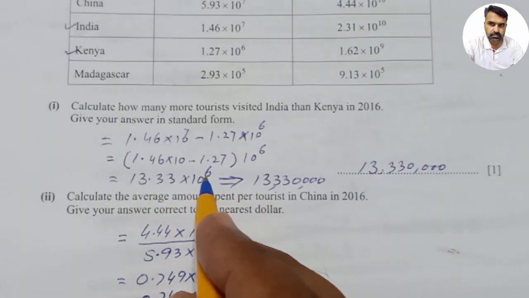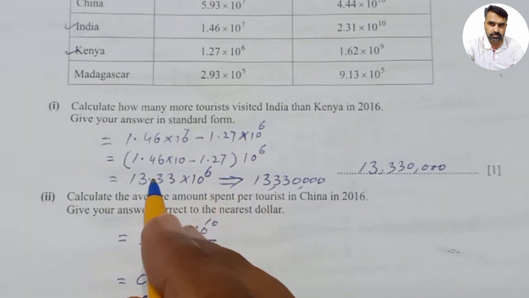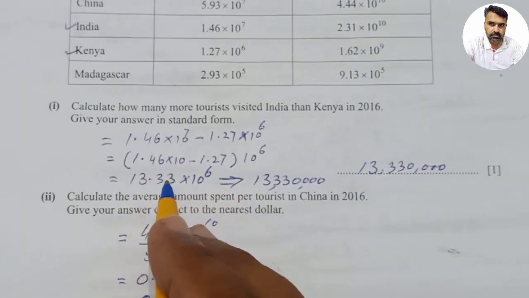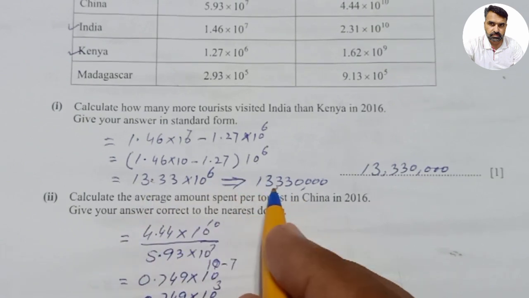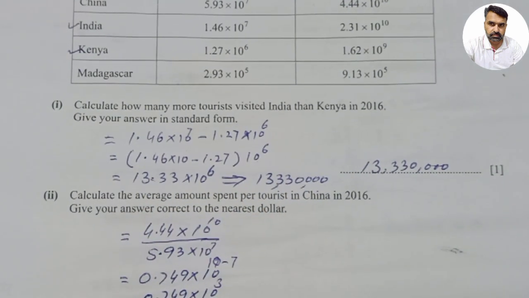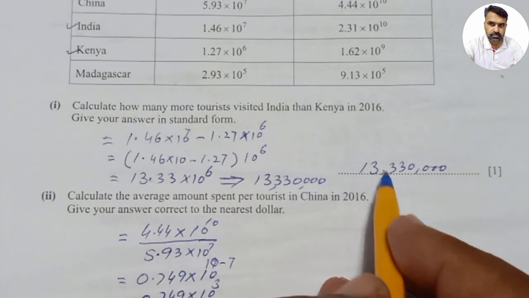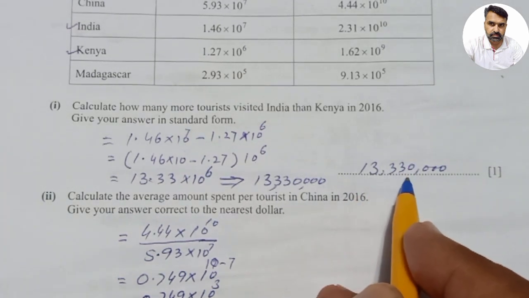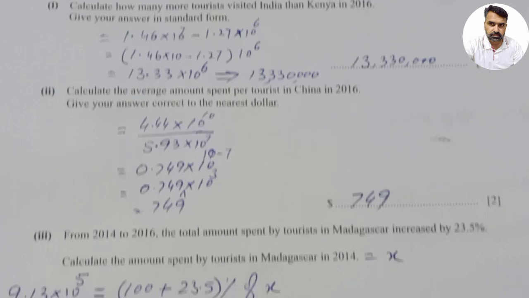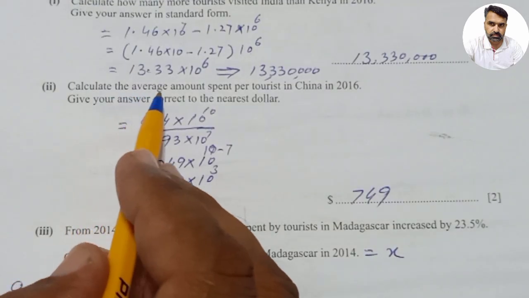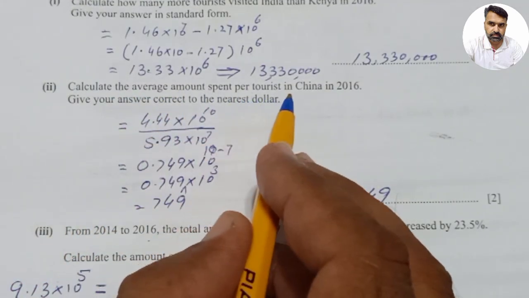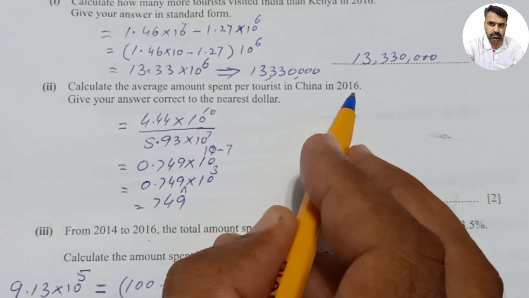We will move the decimal point 6 digits to the right. So the number of visitors to India more than Kenya is 13,330,000.